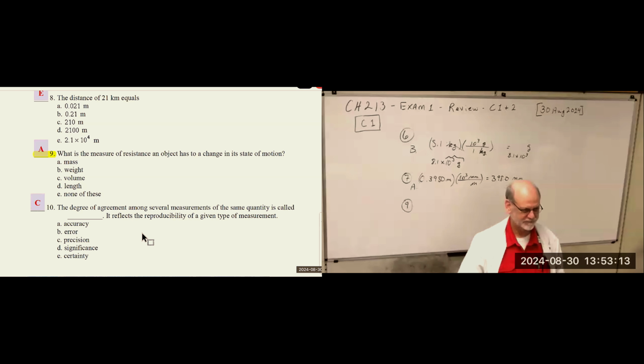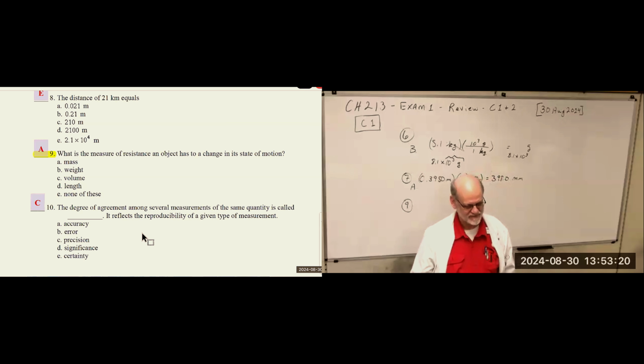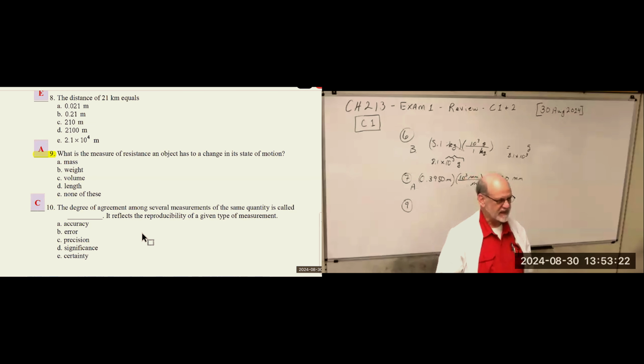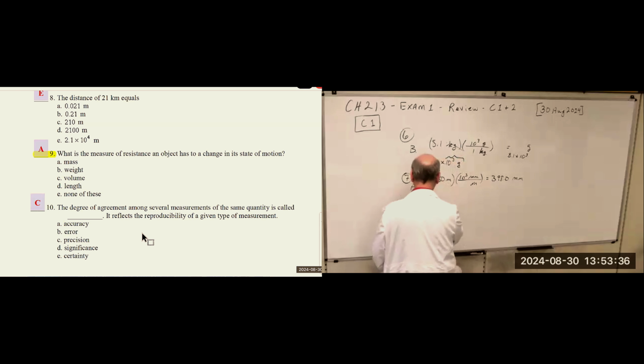What would it be then? The key word here is inertia. What gives a substance inertia? It's mass. That's also A.